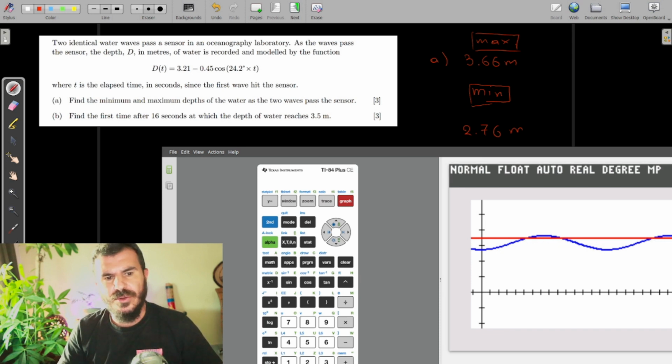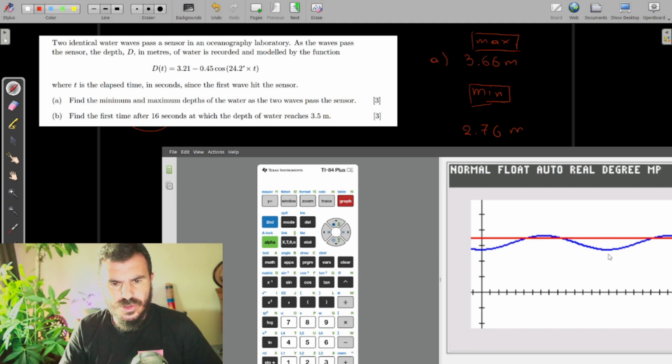Now I don't want just to take the intersection of whichever point. Here the problem says after 16 seconds. So basically I need to find where that 16 seconds is, so as to understand which is the intersection point that I'm looking for.